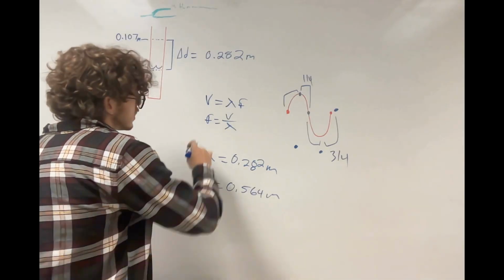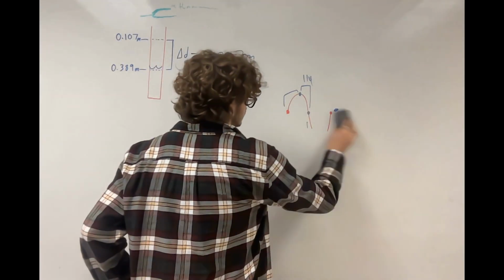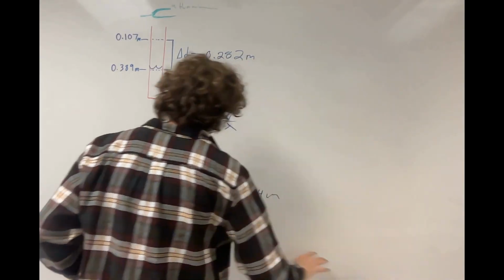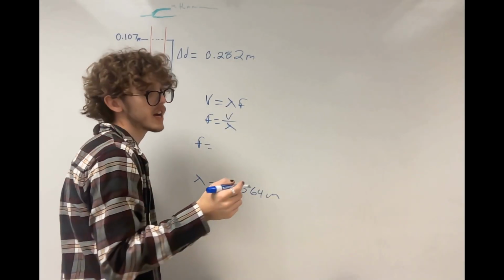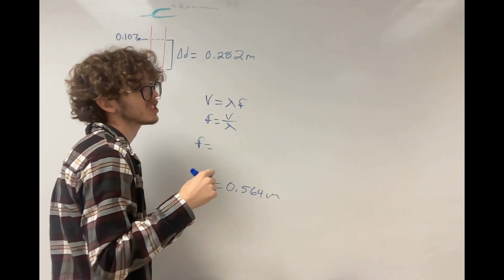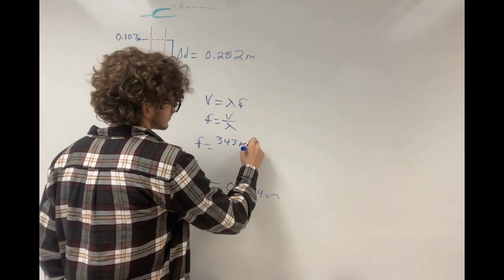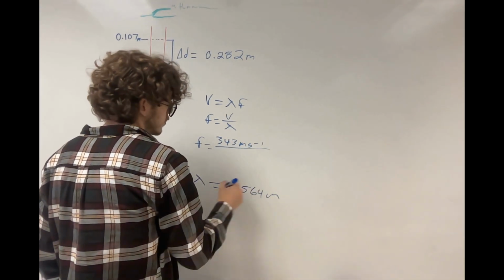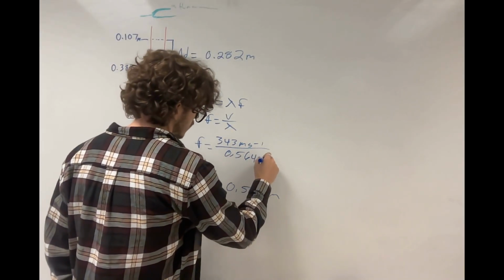Now we can use this formula up here. So let me erase this as well. We know that frequency is equal to the speed of sound, and assuming that this is happening in just your everyday life, that's going to be traveling at 434 meters a second. And lambda in this case is 0.564 meters.